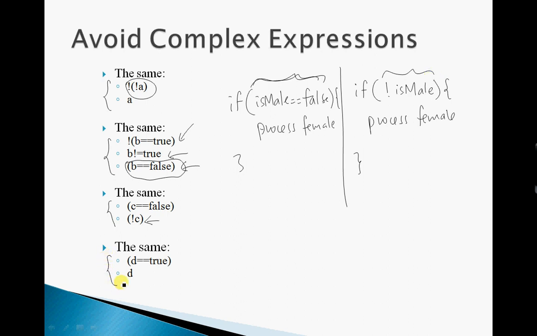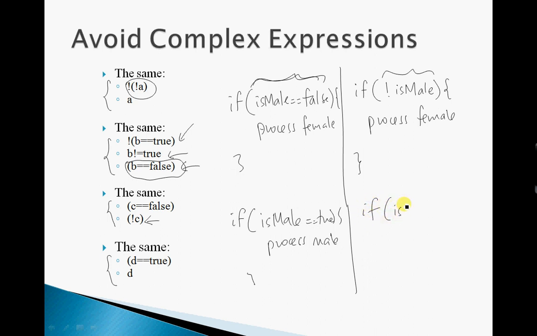Look at the fourth bullet point here. These two are also the same. D equals true is the same as D. If isMale equals true, process male.